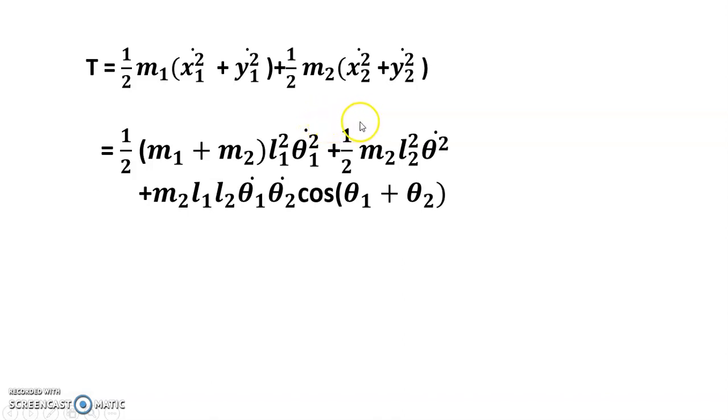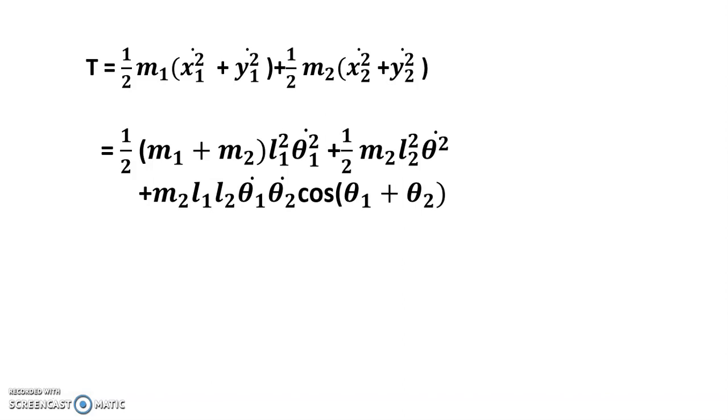I just give the idea of how you can get the result, this way. We know x1 is equal to L1 sin theta 1, so x1 dot is equal to L1 cos theta 1 theta 1 dot. Similarly, y1 dot is equal to minus L1 sin theta 1 theta 1 dot.